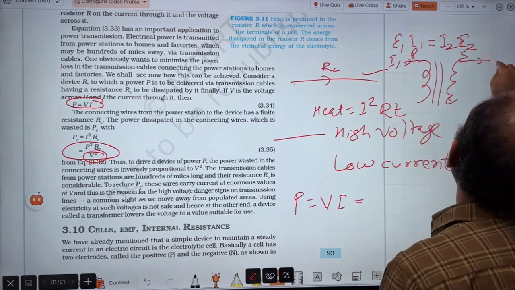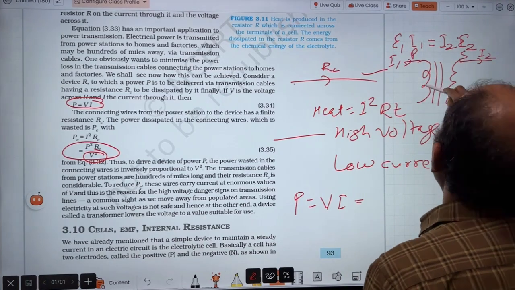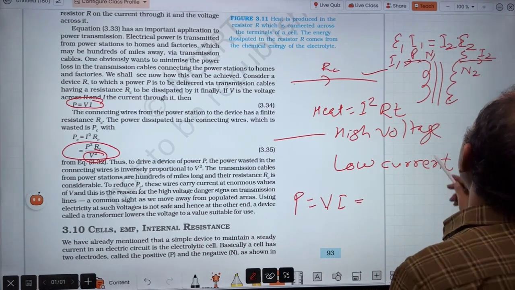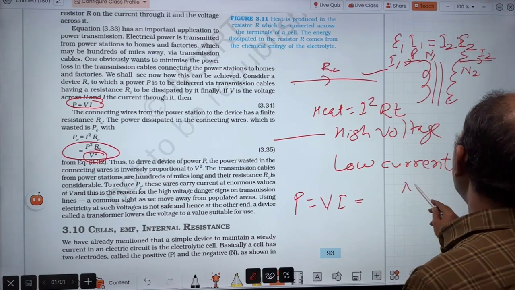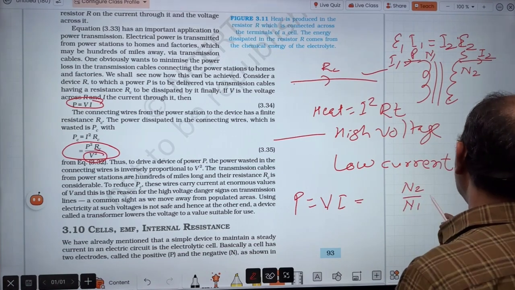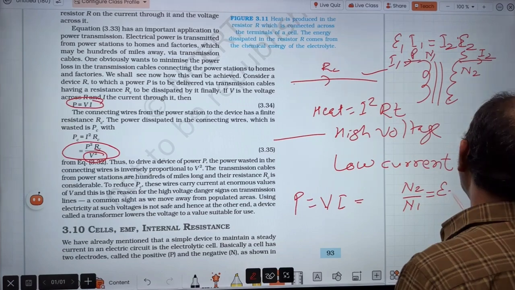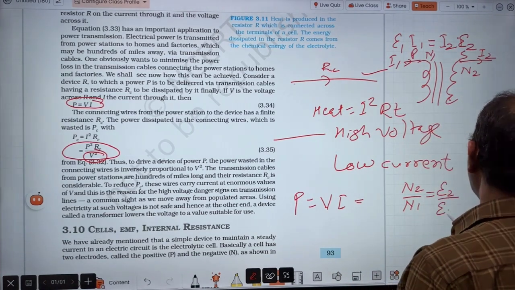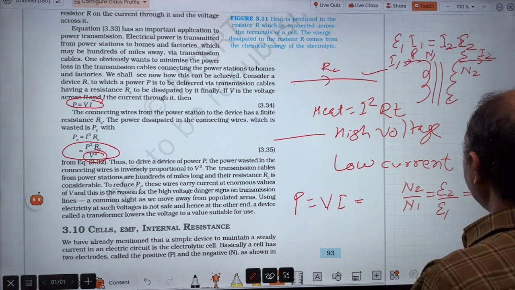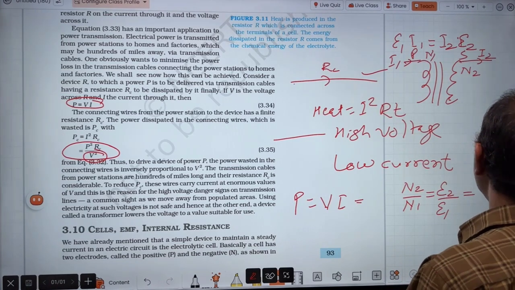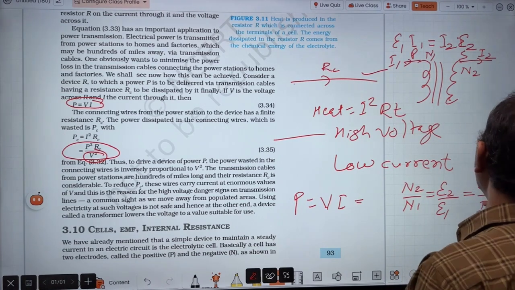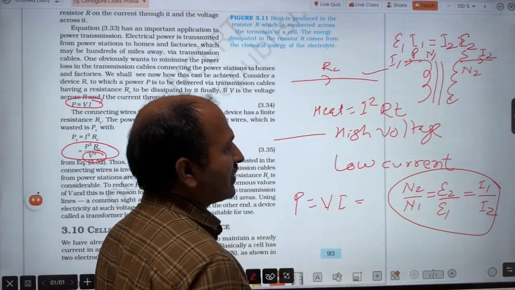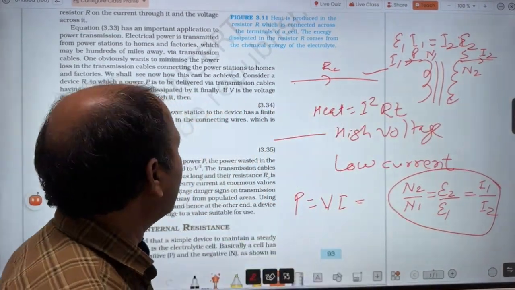Suppose this is I1, and this carries current I2, and there will be a certain number of turns, N1, and here the number of turns will be N2. So we will get N2 upon N1 equal to E2 divided by E1, the voltage in the secondary over the voltage in the primary, and this will be just the reverse of the current ratio, I1 upon I2. So inverse relations will be there.